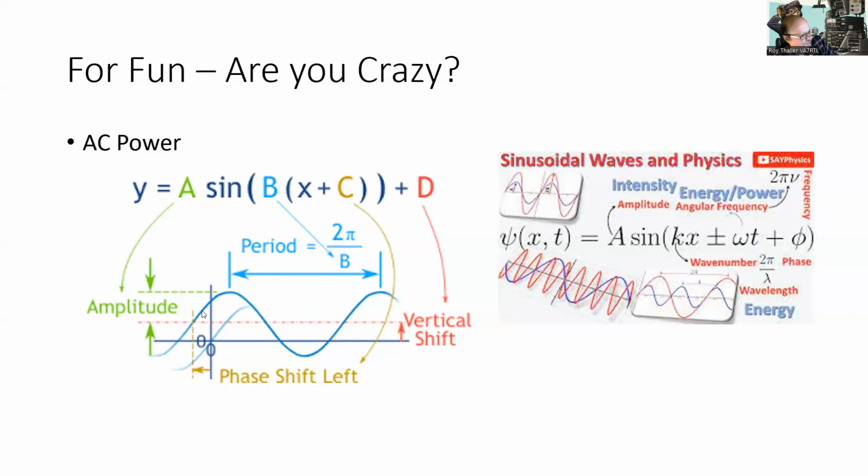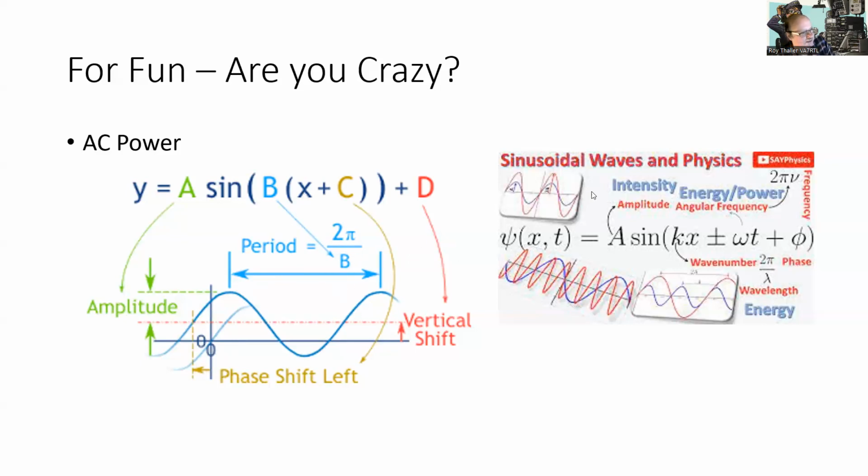Then you have X, which basically just means the number here, plus C, where C is the phase, and then you take the sine of that, and you can also have D if you want to shift the graph vertically up. So you can express everything in mathematical equations, and this is quite common when you're talking about AC power. We're not going to get into this sort of thing, but it's out there if you're interested.